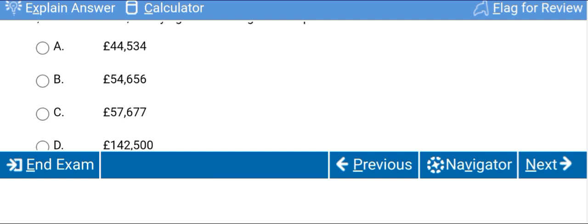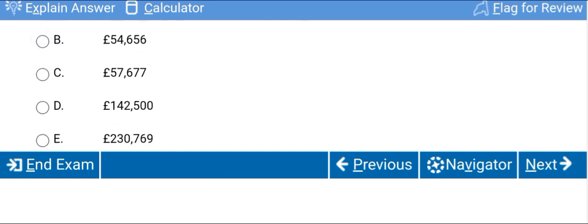Option C, 57,677 pounds. Option D, 142,500 pounds. Option E, 230,769 pounds.